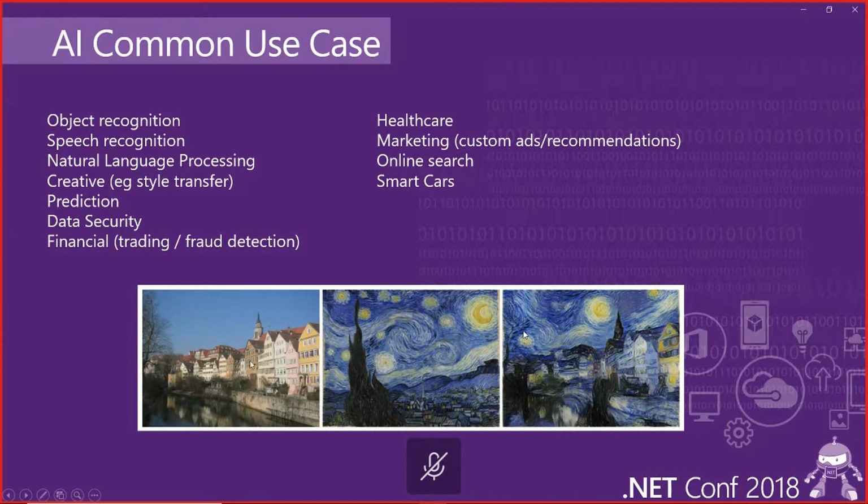On the left, the original picture, in the middle, the style that will be transferred to the original picture, and on the right, you see the result. How cool is this? In common, we can say today that you can infuse any of your applications, any of your services, any of your websites with artificial intelligence to make it smart.